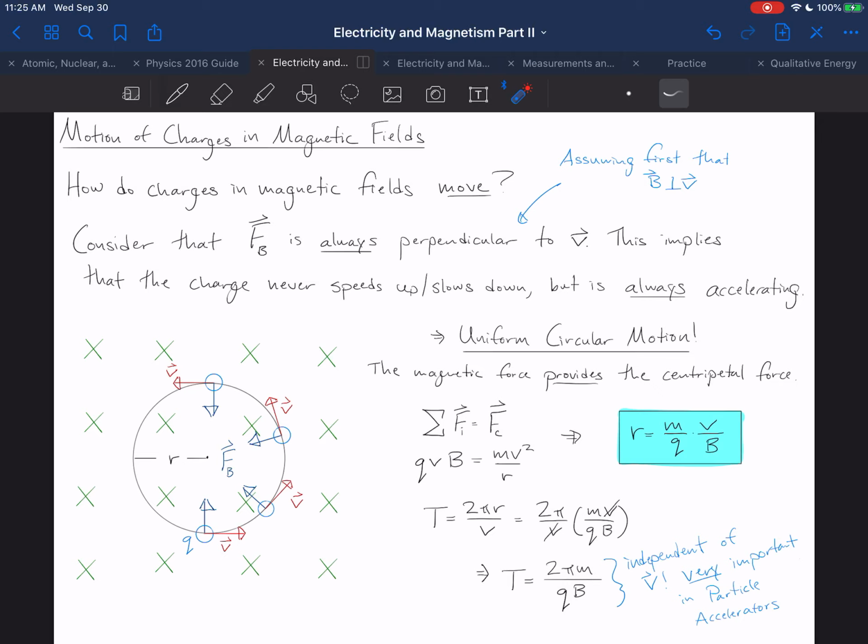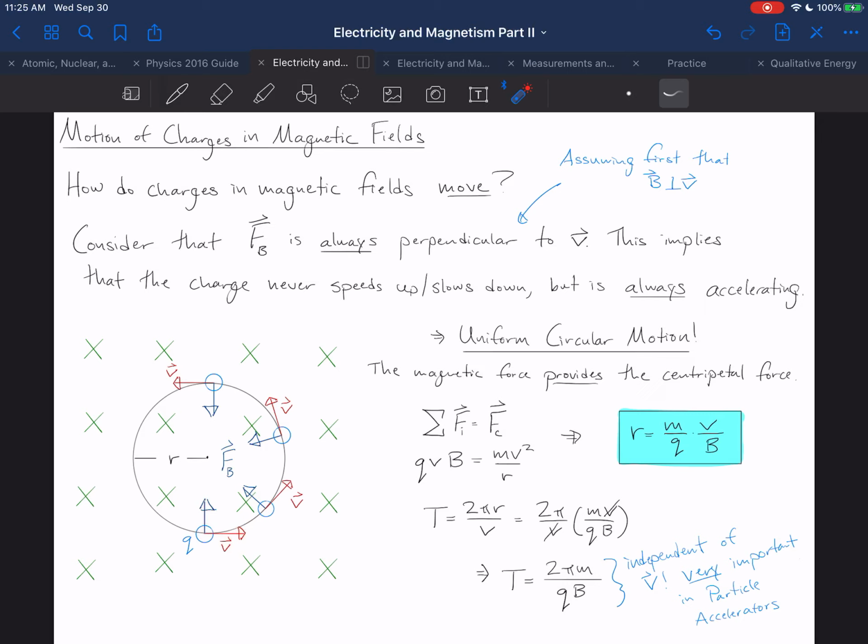Let's assume first that a charge is moving in a magnetic field and that the magnetic field is perpendicular to the velocity of the charge. If we apply the right-hand rule to our charge, which is moving in the magnetic field, it feels a force up.